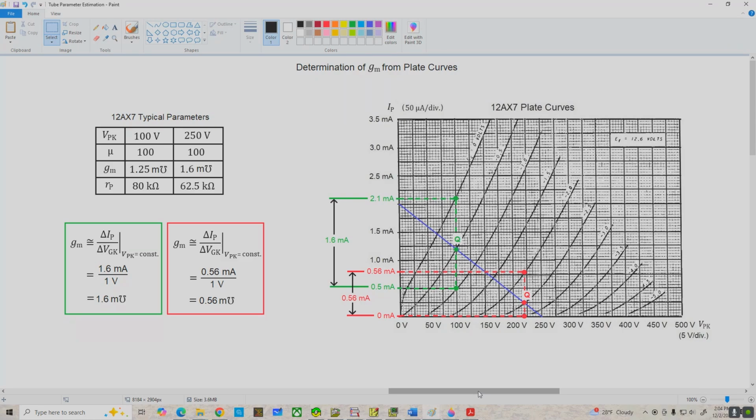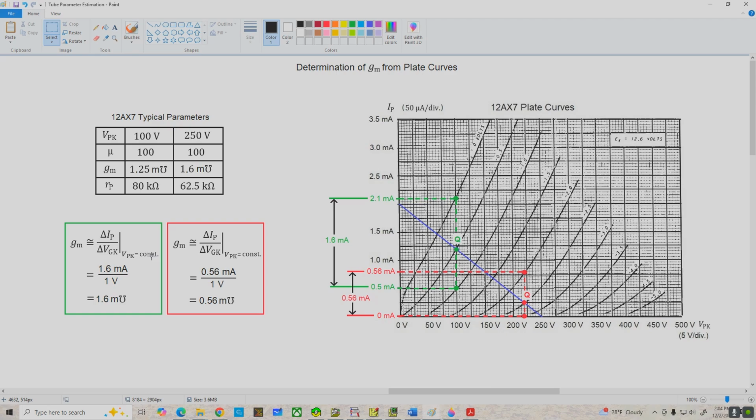And something I probably should mention just for the sake of completeness and technical precision here is that since we're calculating these values based on specific VPK values here, we should put that into the equations instead of this generic constant label.